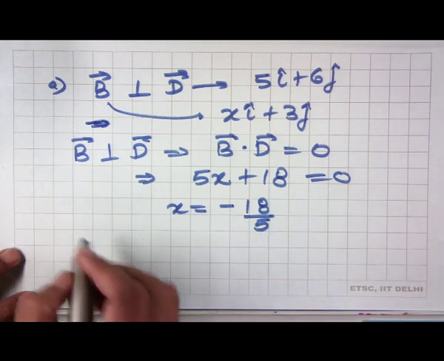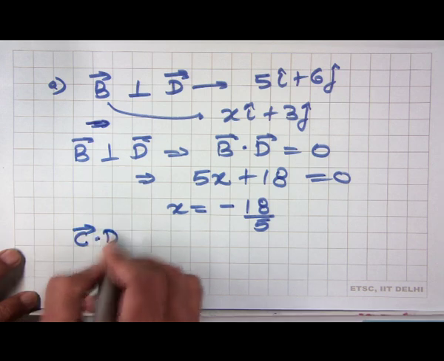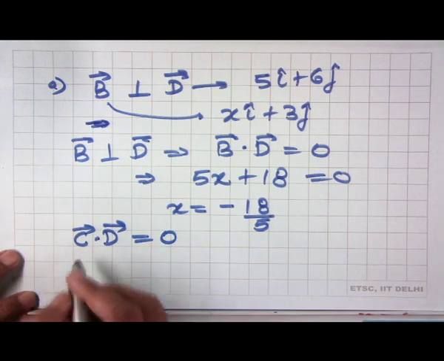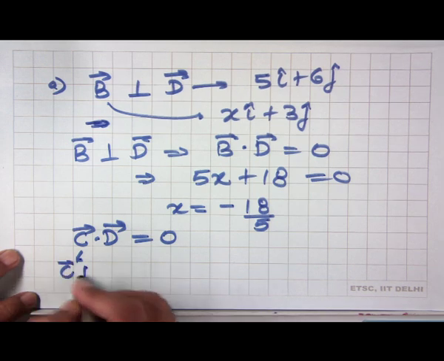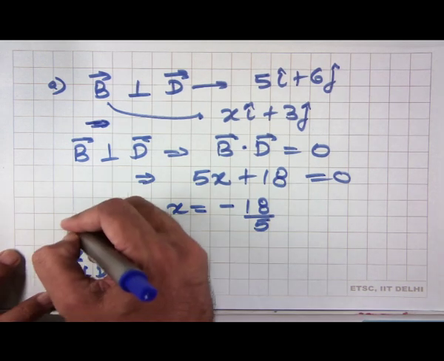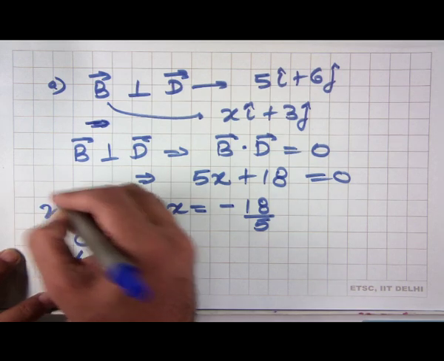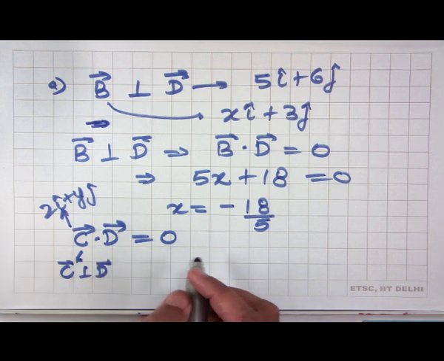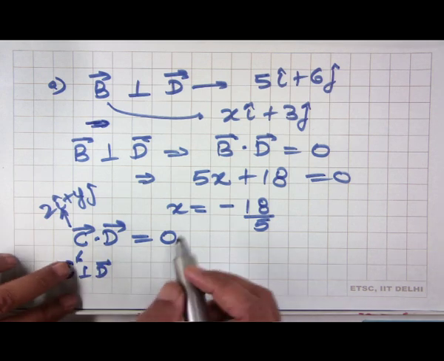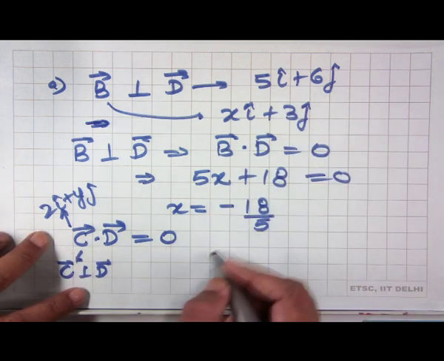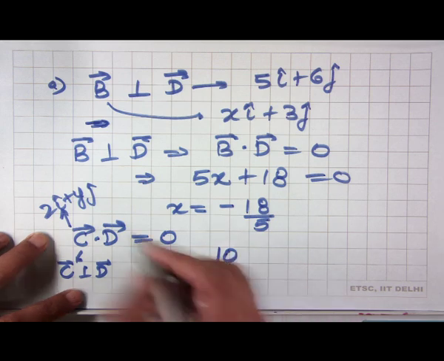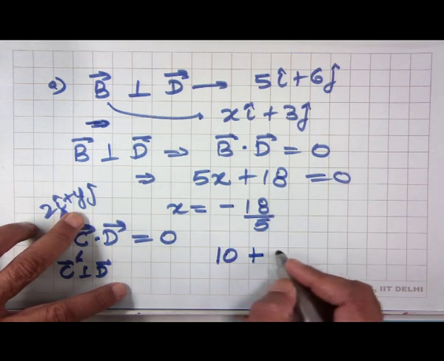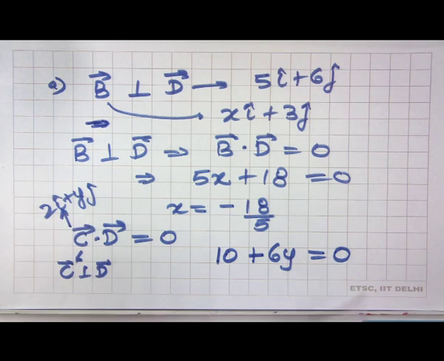And similarly, C dotted with D must be 0 because C is perpendicular to D, and C was given as 2i plus yj. So, C dot D will give us 2 times 5, which is 10, plus y times 6, so 10 plus 6y is equal to 0.